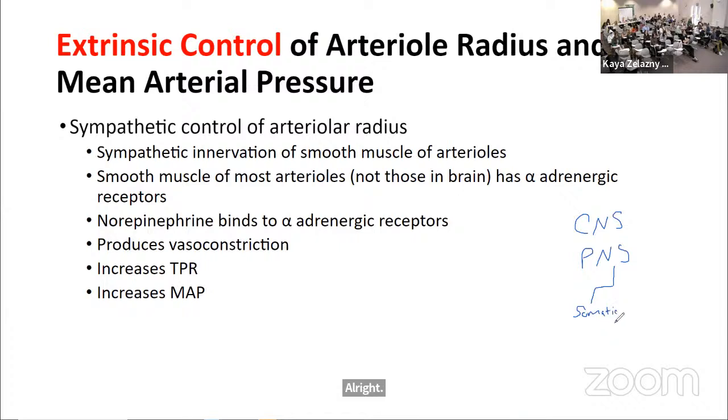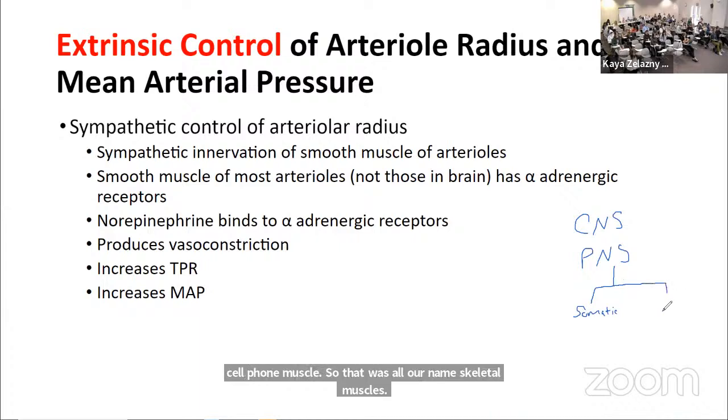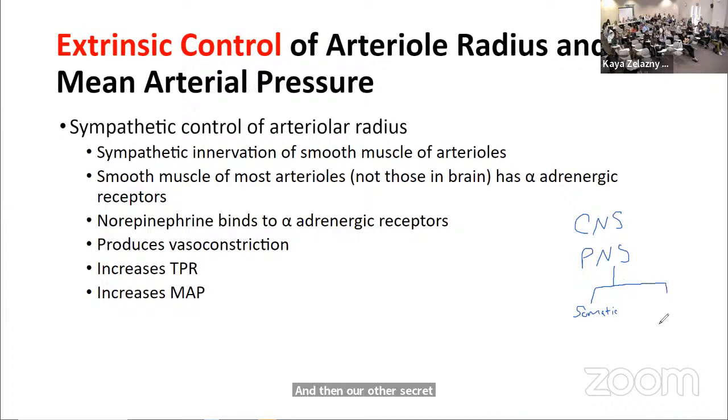Do you remember where those were going? Well, you're all answering in your heads, but the answer is skeletal muscle. Okay. So that was all our named skeletal muscles. And then our other secret kind of automatic part of the nervous system were our autonomics. Okay.